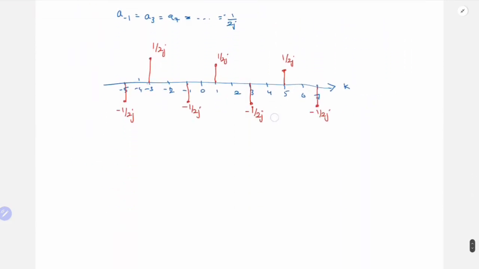And in the continuous time case, we had something called the Gibbs phenomenon.